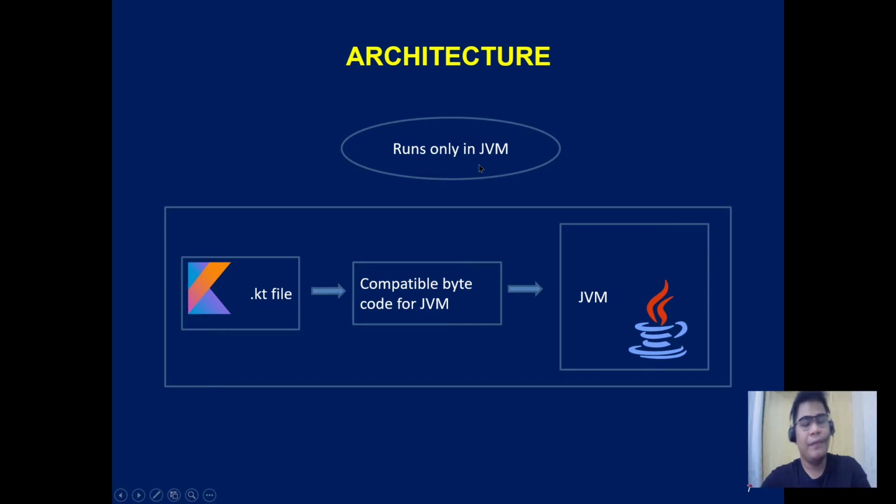So, architecture of Kotlin. As we all know, Kotlin runs on the JVM, the Java virtual machine. Kotlin has its own architecture to allocate memory and produce quality output to the end user.